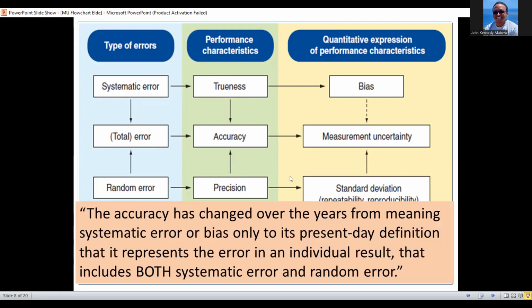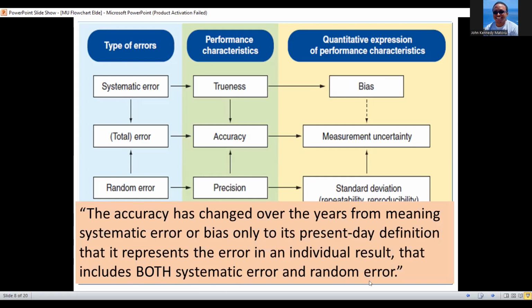The definition or concept of accuracy has changed over the years, from meaning as simple as systematic error or bias to its present-day definition that it represents the error in an individual result. Now, the concept of accuracy, especially when you're discussing MU, includes both systematic error and random error.